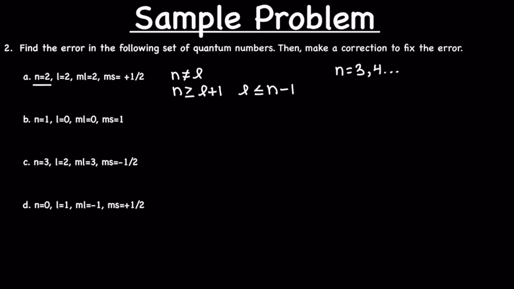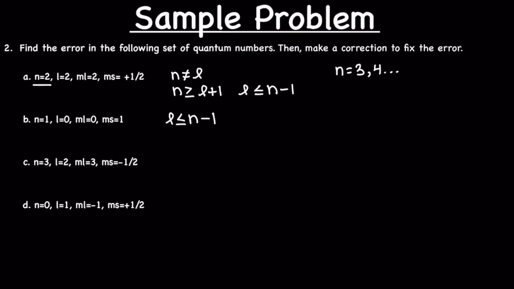For number 2, we're given that n equals 1, and now we have to see how L, ML, and MS compare. For n equals 1, L can be 0, as L is going to be less than or equal to n minus 1.